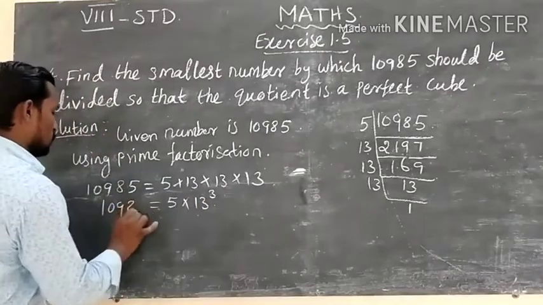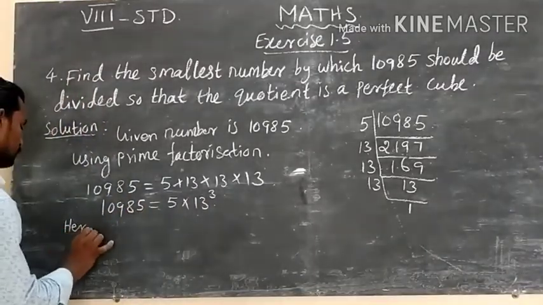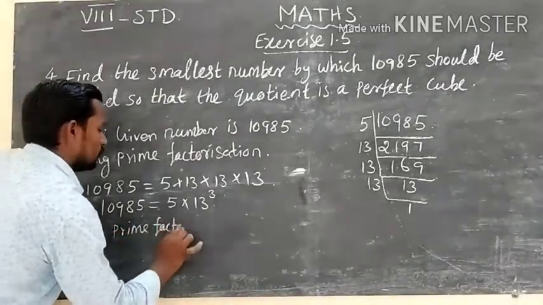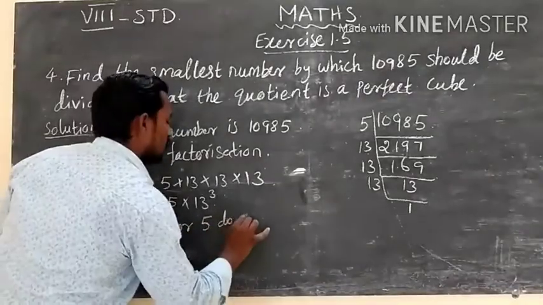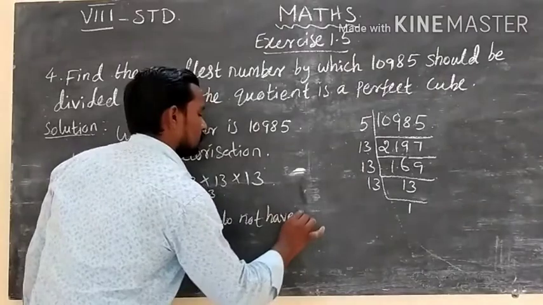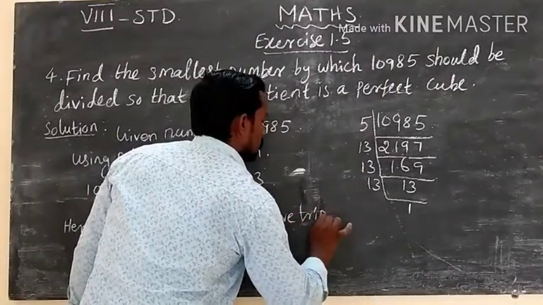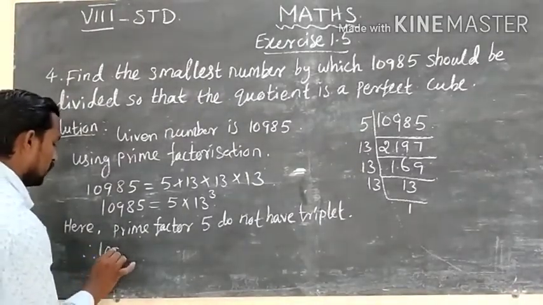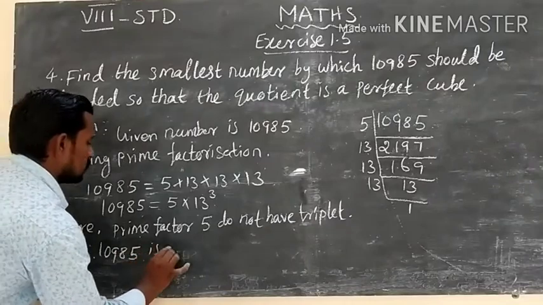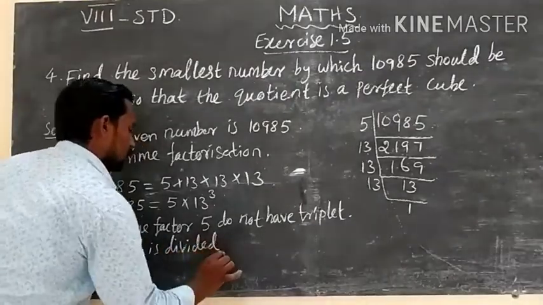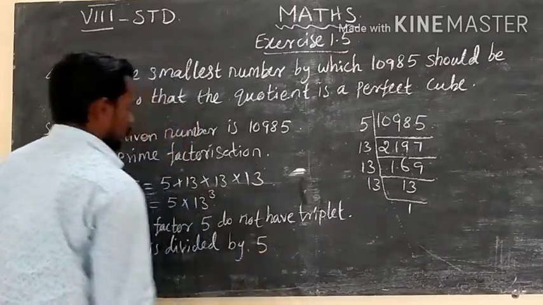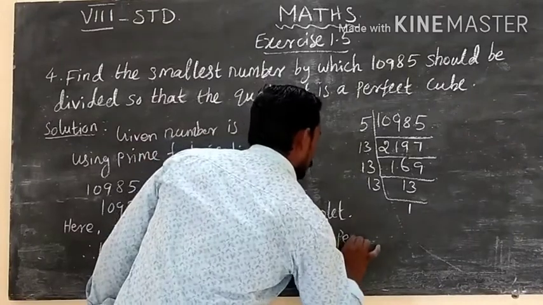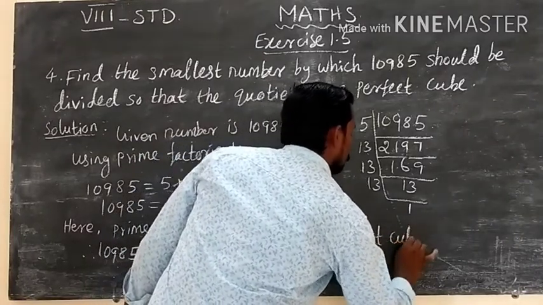Here, prime factor 5 does not have a triplet. Therefore, if 10,985 is divided by 5, we get a perfect cube.